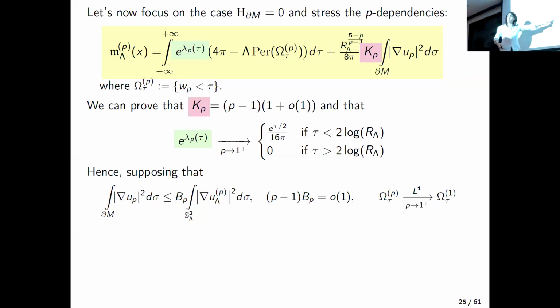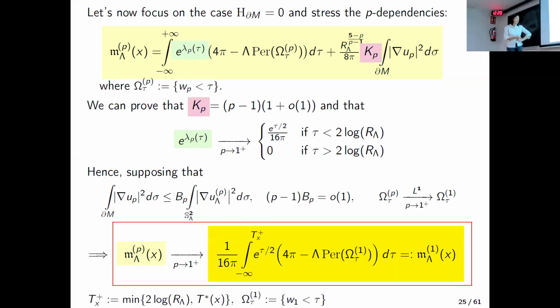But here I wanted to say that what we need in order to pass the limit in our P energy as p tends to 1 is that the perimeter tends to the perimeter of the inverse mean curvature flow with obstacle as p tends to 1 in the L1 sense, okay? In order to make this passage to the limit. And so supposing this reasonable assumption, suppose that you can prove this, maybe it's possible.